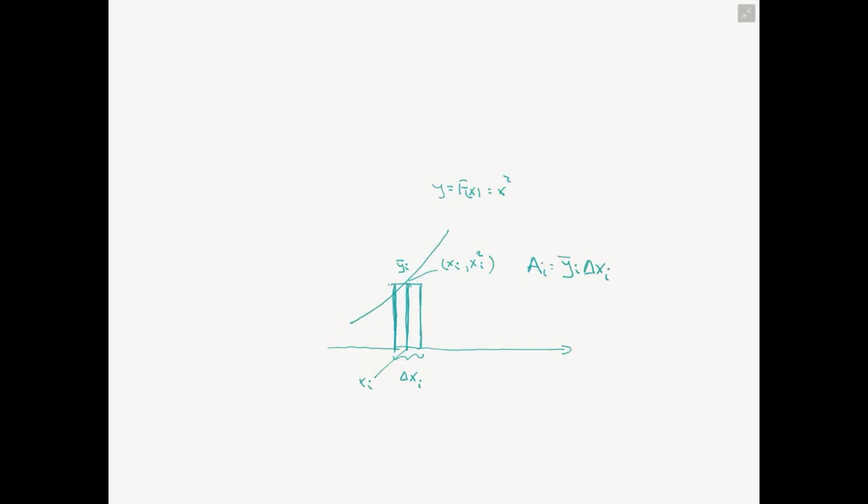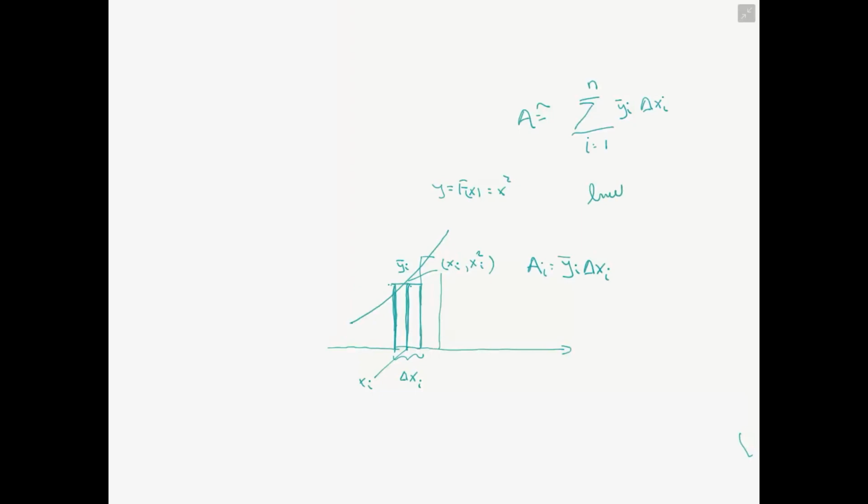And so when we have a bunch of these rectangles between a limit, so between i equals 1 to n, the area approximately equals the sum of y_i average times delta x_i.